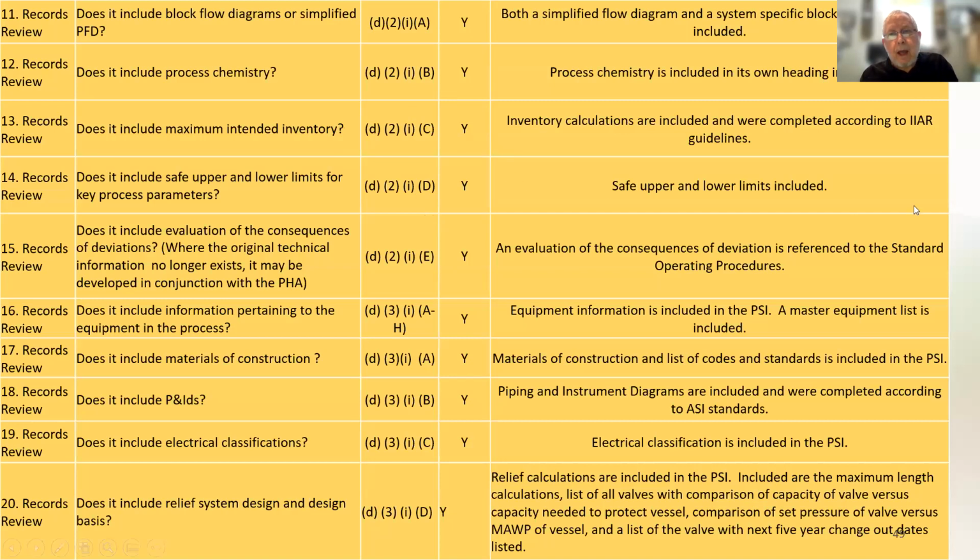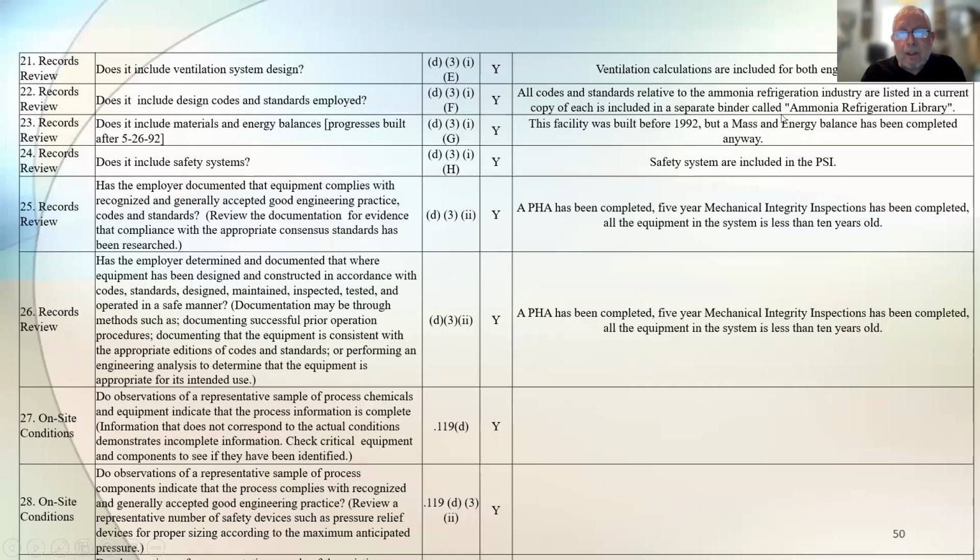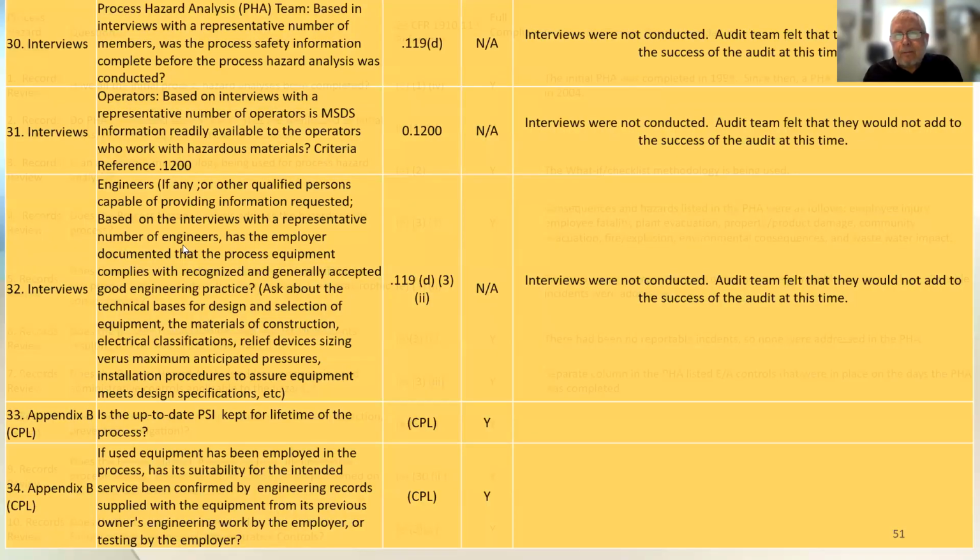Does it include block flow diagrams? Yes, they're all answered yes. Does it include ventilation system design? Ventilation calculations are included in both engine rooms. Does it include safety systems? Yes, safety systems are included in PSI. PSI is process safety information in this case. And interviews were not conducted.